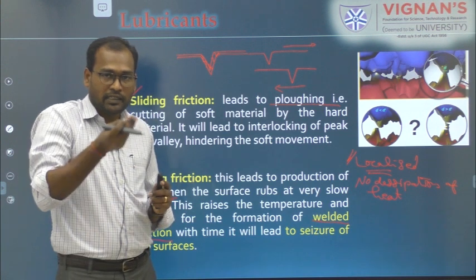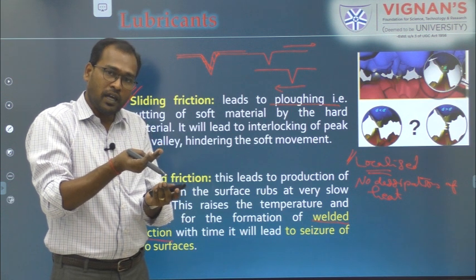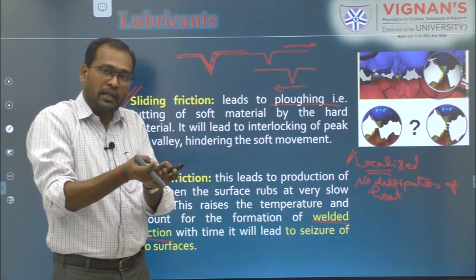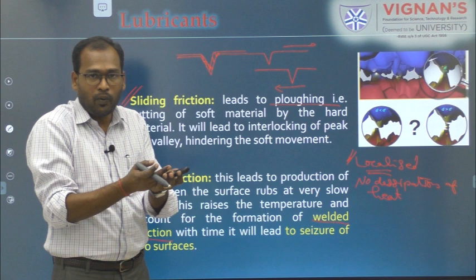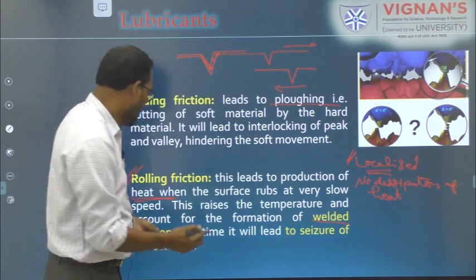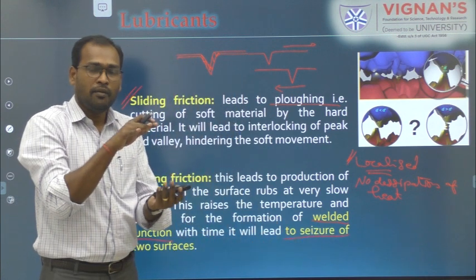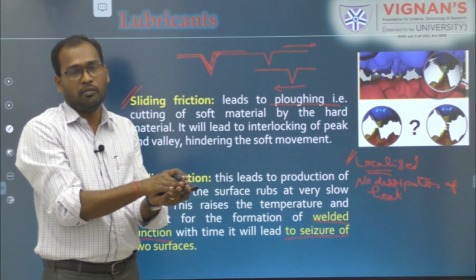So once both the materials start heating up, and after some time when they cool, both the metals start welding up. Once it gets welded, and if you leave the material for a longer time, it will lead to seizure of the two surfaces. Okay, it will make the material stuck permanently.